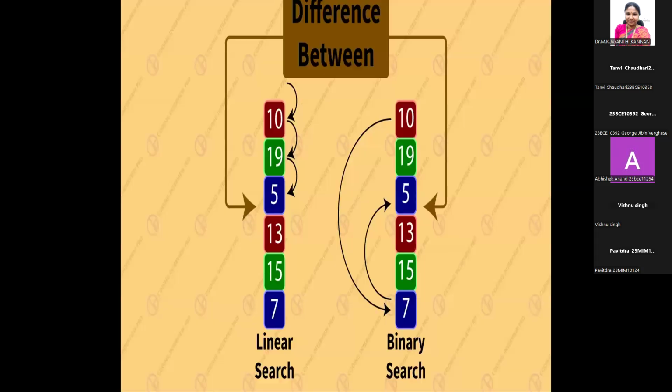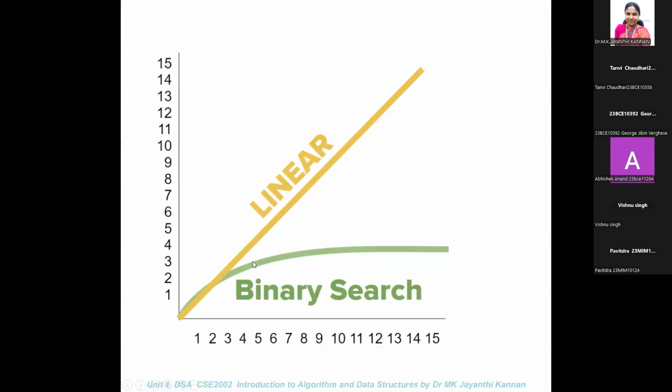We took them as an example, along with the unit 1 topic, at the end of the topic. We took linear search and binary search and looked at how they function. Then we compared them with respect to the number of elements and the time, with the number of elements on the x-axis and time on the y-axis.